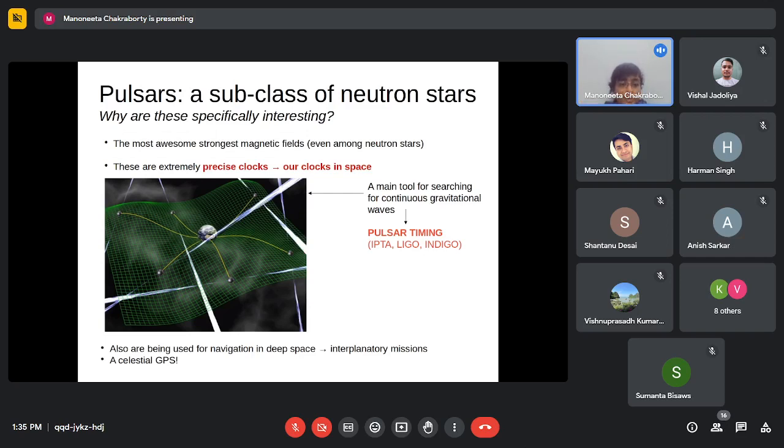But more importantly, we can use them to measure gravitational waves. This is basically a main tool for searching for continuous gravitational waves coming from all across the universe to us. This is known as pulsar timing, where India is also involved along with various other facilities all around the world.